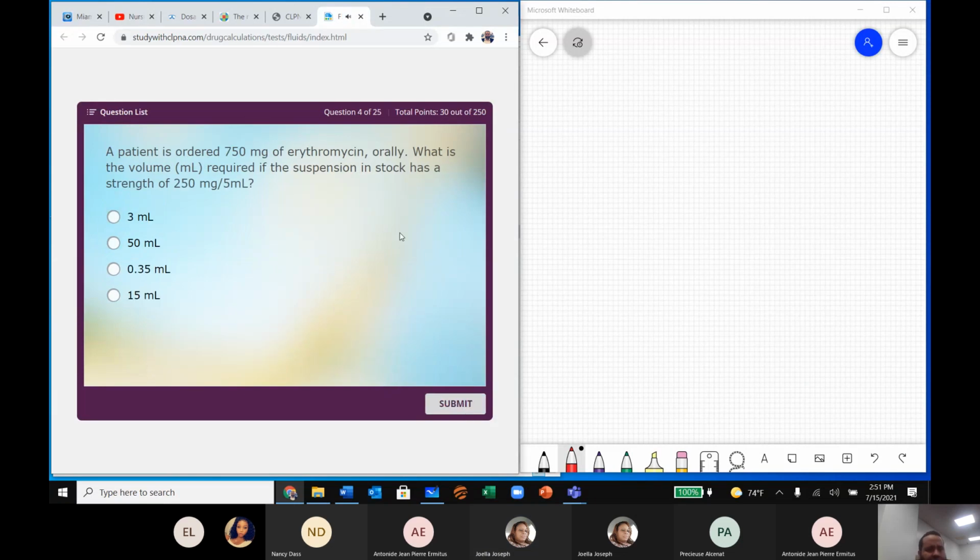Next problem. The patient is ordered 750 milligrams of erythromycin orally. What is the volume in ml required if the suspension on hand has a strength of 250 in 5 ml?